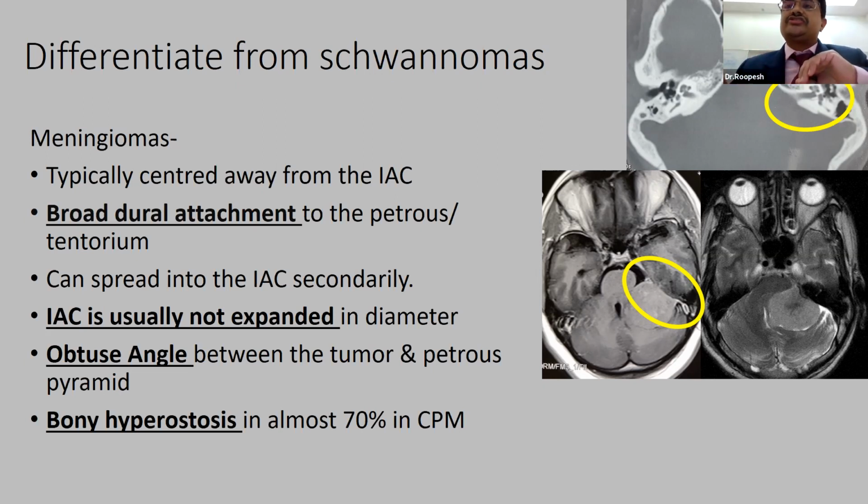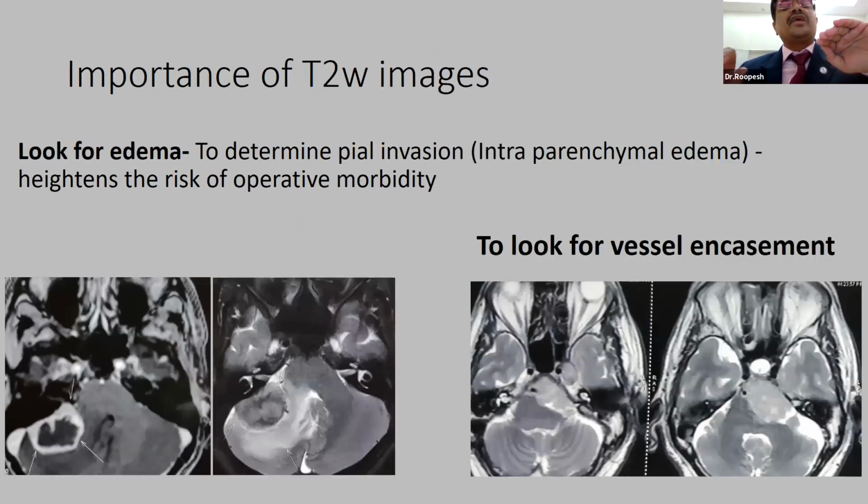You also notice an obtuse angle of the petrous dura towards the tumor, unlike the narrow acute angle in vestibular schwannomas. Of course, if you see hyperostosis, then most likely it is a meningioma. These are some of the radiological hallmarks to differentiate meningioma from vestibular schwannoma in this location.